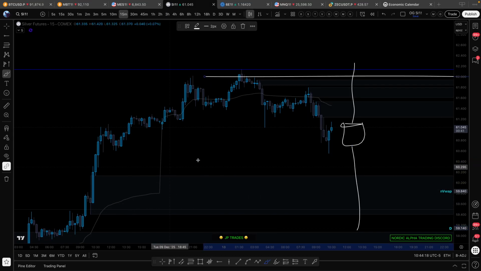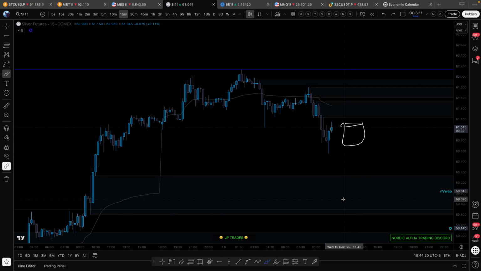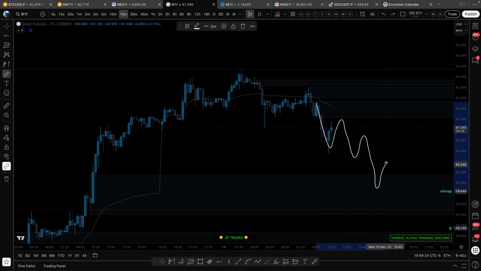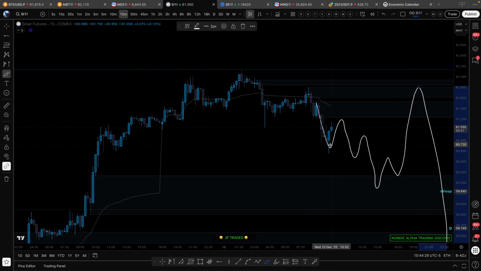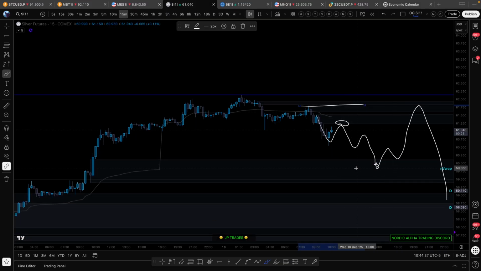Take out liquidity of the highs, run the lows, but we'll see. Could do something like that as well. Come up to this area, short, long, then come up, sweep this high, and then sweep all these longs here, coming down into here.